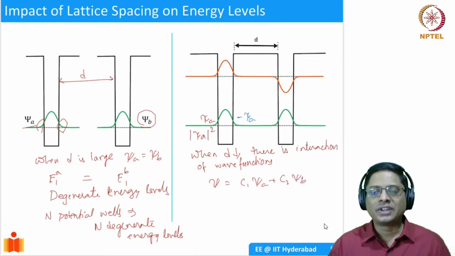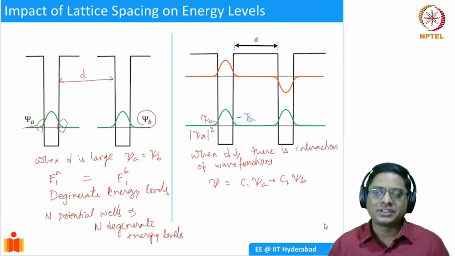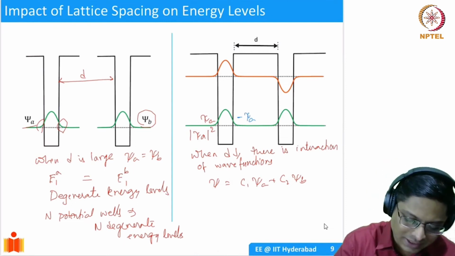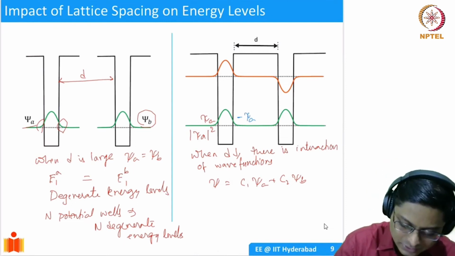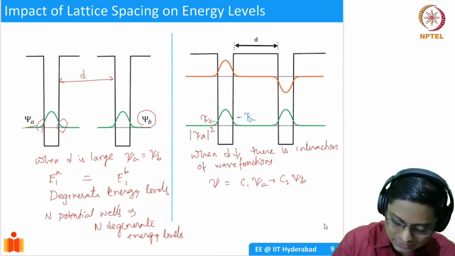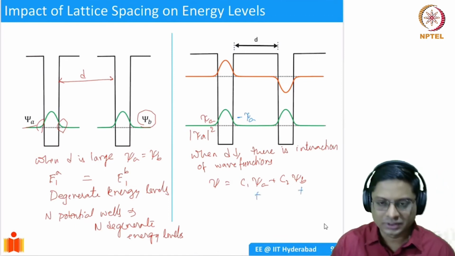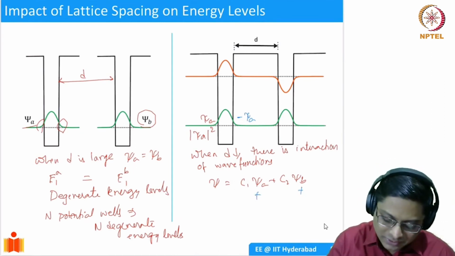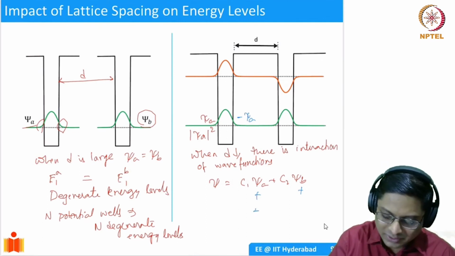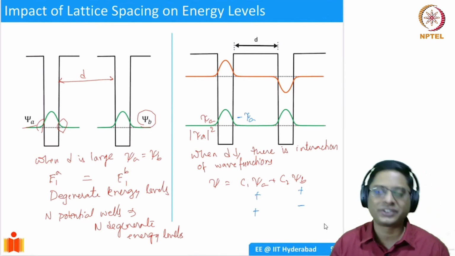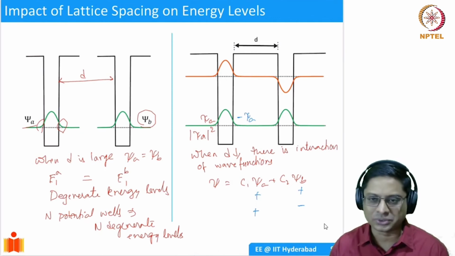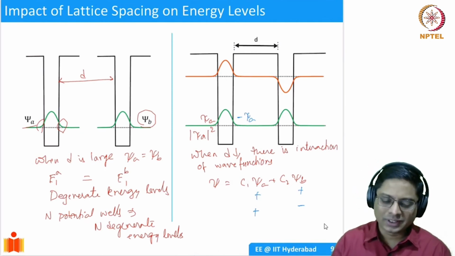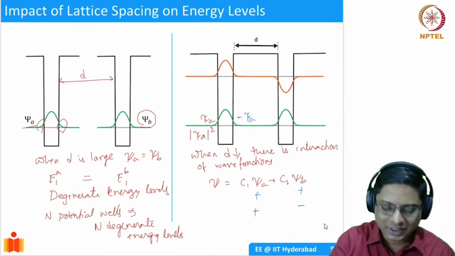Now you can have a situation where both these wave functions are positive. That is one solution that is allowed. You can also have a situation where this is negative and this is positive, or this is positive and this is negative. You can have other combinations as well, but right now let us just stick to these two states. These two combinations give wave functions in the form that is shown.